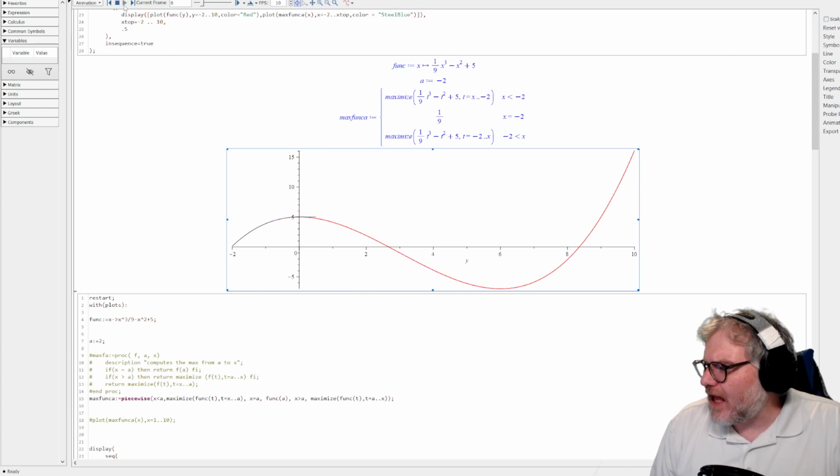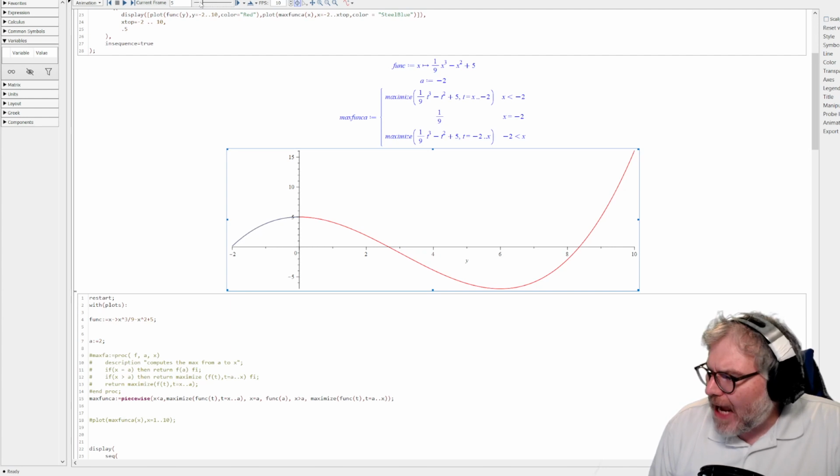Now if I hit play here, if x is right here at 0, then the max is going to be here, 5, which is f of 0. But notice as I go past 0, the function goes down again.